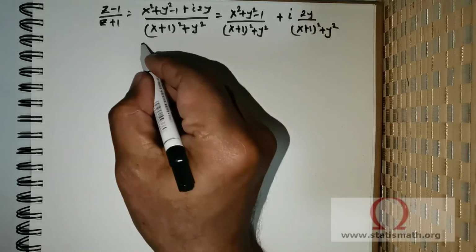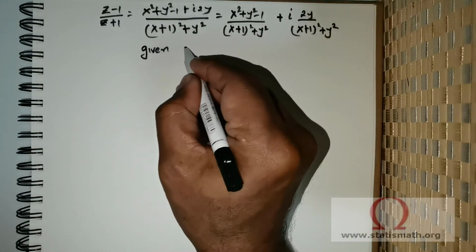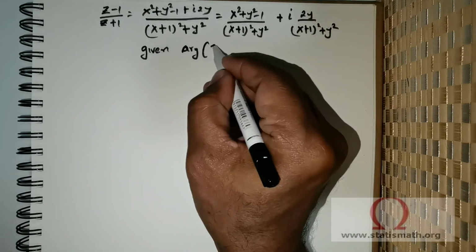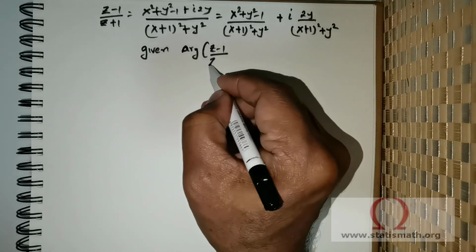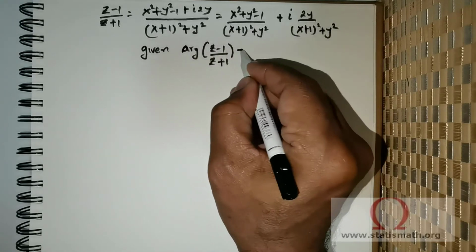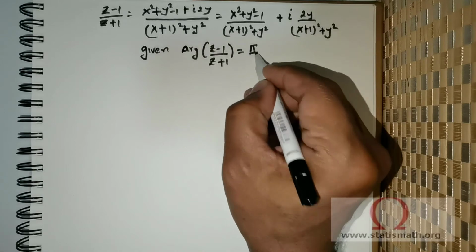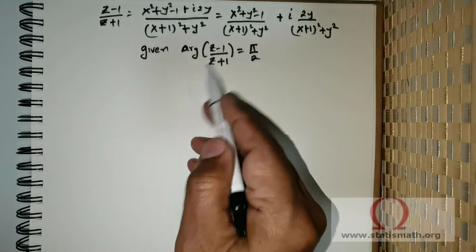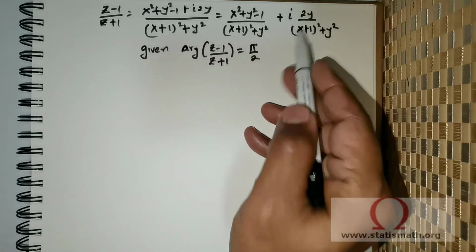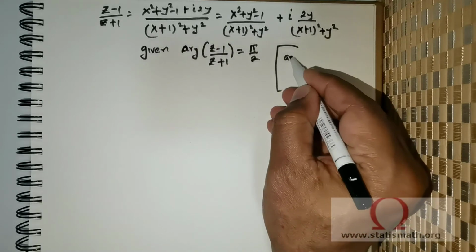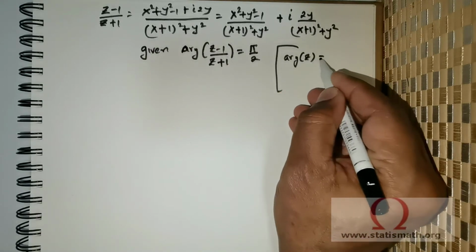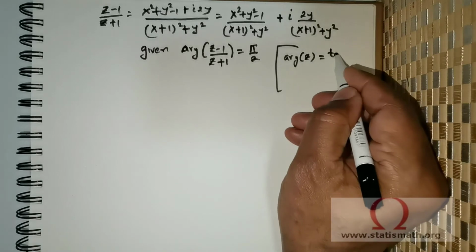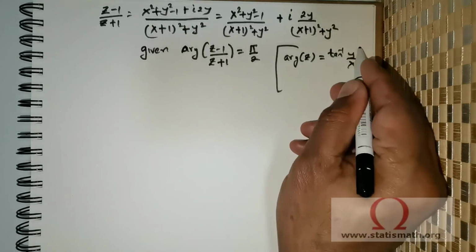Now we are given that the argument of (z − 1)/(z + 1) is equal to π/2. You know the argument formula, right? The argument of a complex number is tan inverse of y divided by x.